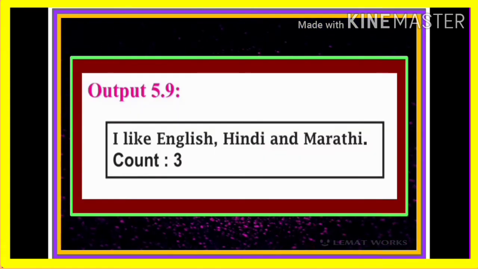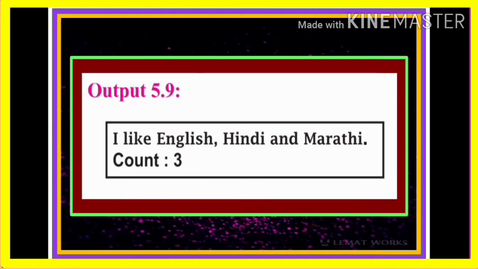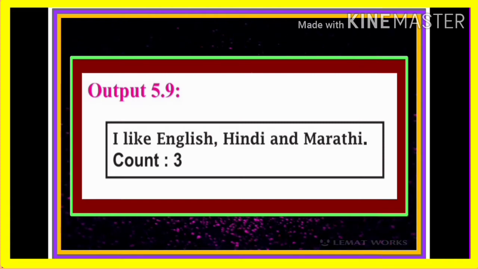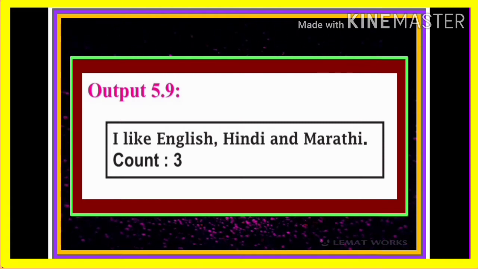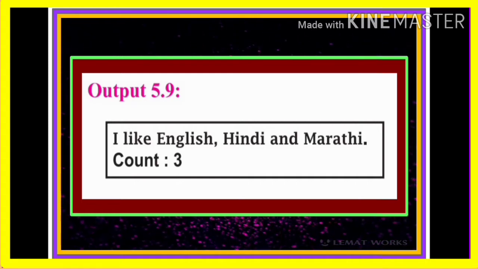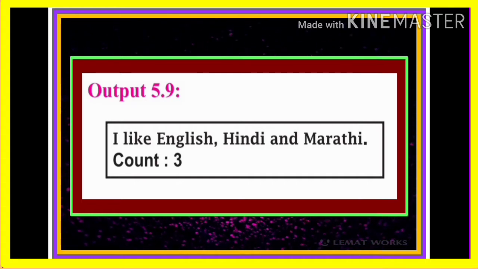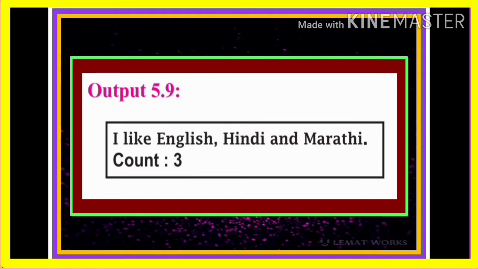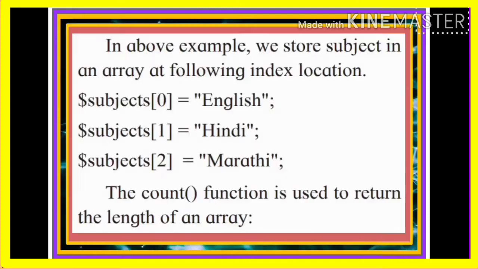You will get this output. The output shows three elements of an array: English, Hindi and Marathi, having the index numbers 0, 1 and 2. The output also shows 3 as the length of the array. In example 5.9, we store subjects in an array at the following index locations.